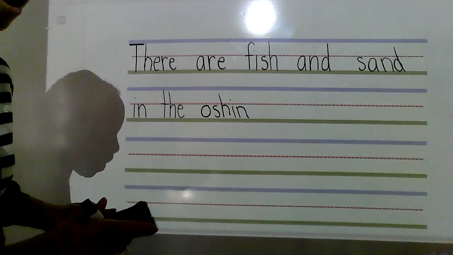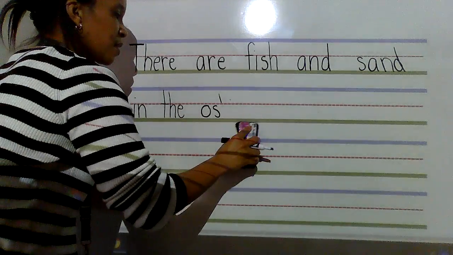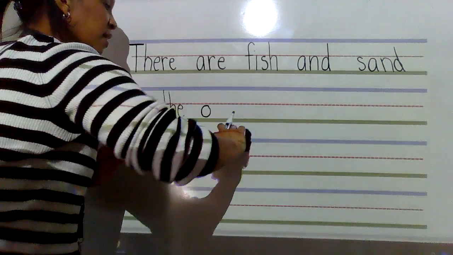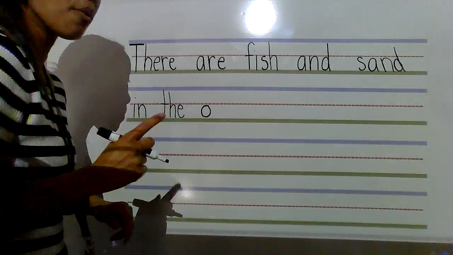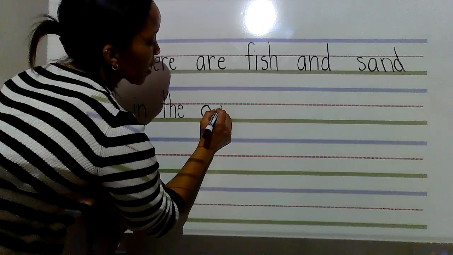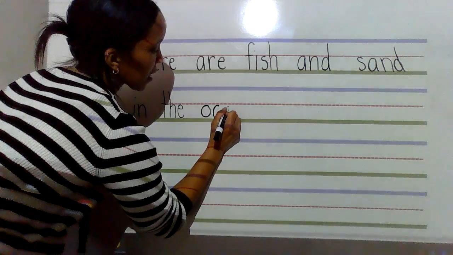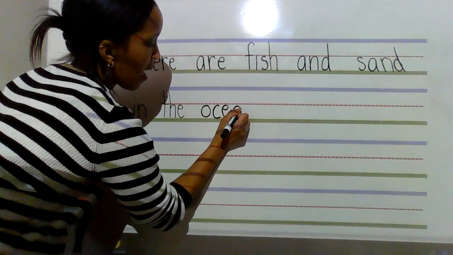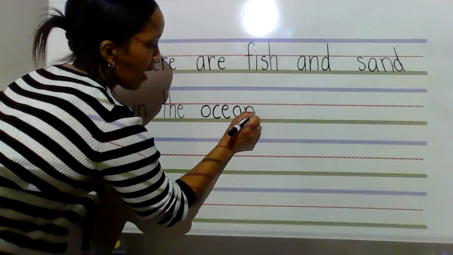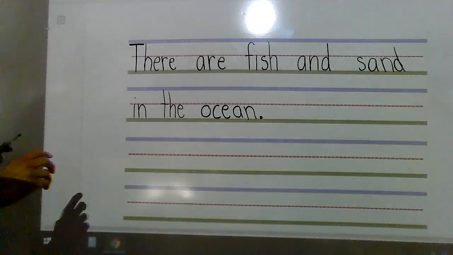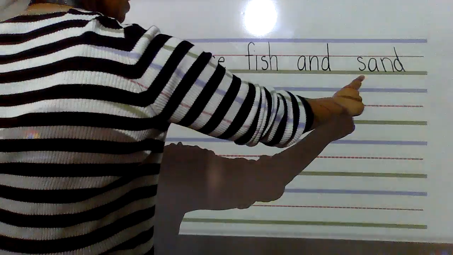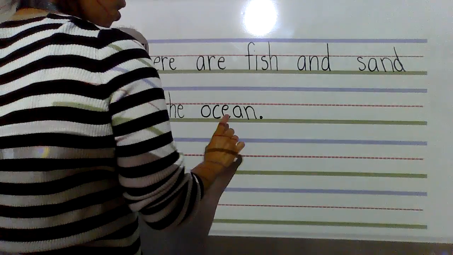And since I'm helping you, I'm going to write it the regular way, okay? But remember, when we are learning, we write the sounds we hear. All right, but I'm going to help you out. So the O is actually right. It is the O first. And then it's the C-E-A-N. So it's not spelled the way that it sounds, and that's okay. There are fish and sand in the ocean.